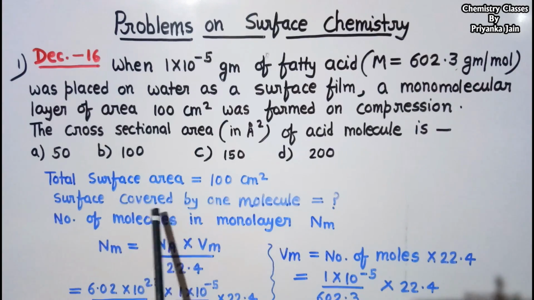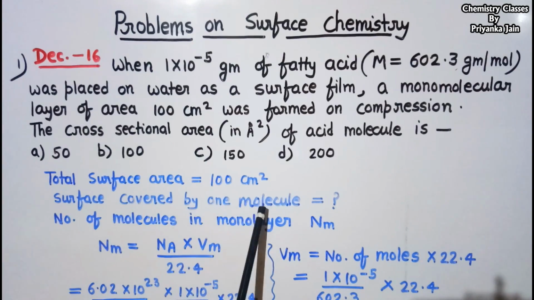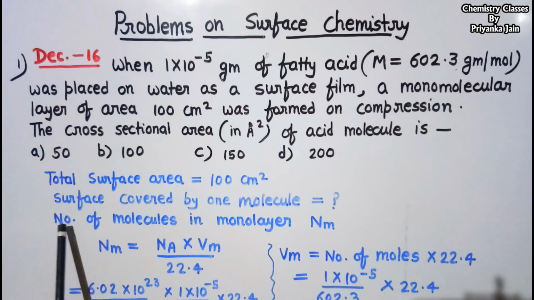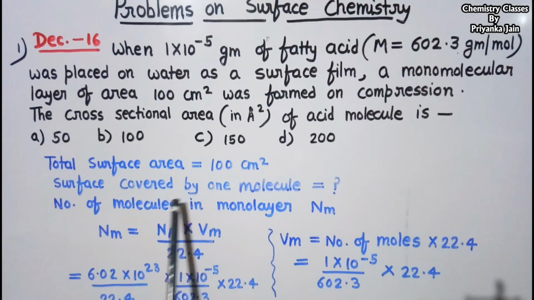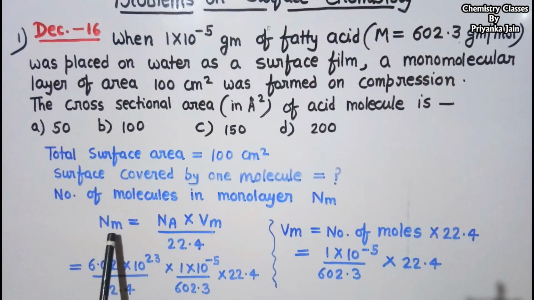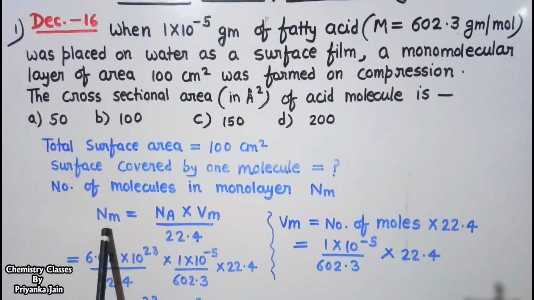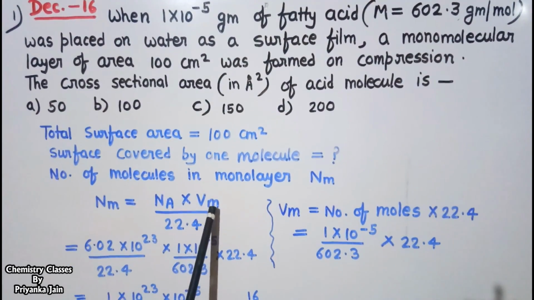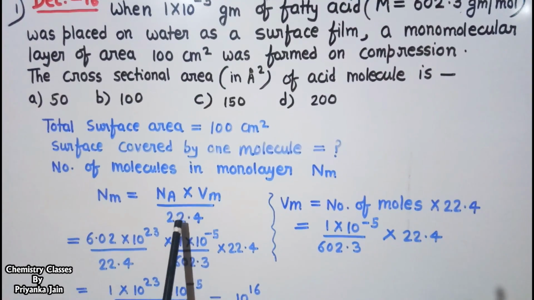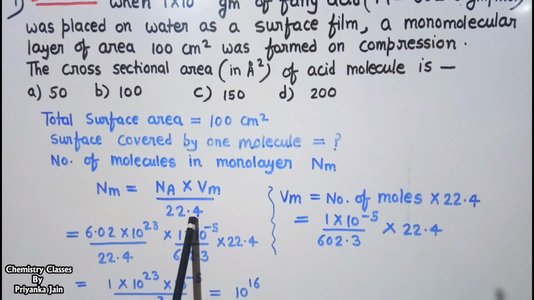So to find the area covered by one molecule, we have to find the number of molecules in the monolayer, that means n sub m. If we find this, then we can calculate the area. The formula is n sub m equals Na times V sub m divided by 22.4.